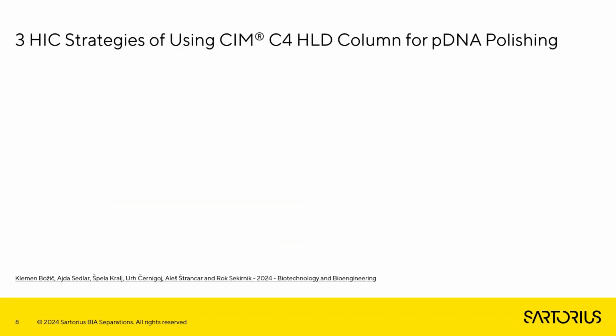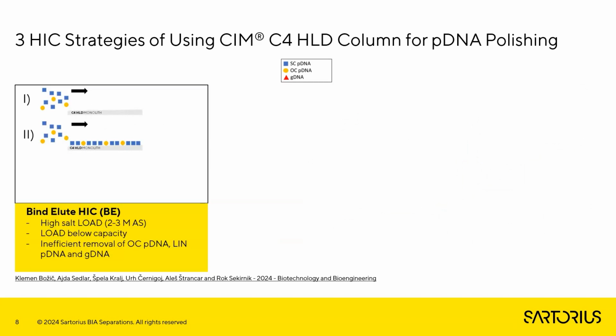There are at least three approaches or strategies of using the C4 HLD column for polishing of plasmid. The classic one, already described before, is bind-dilute. We load everything in high salt, impurities and target molecule, and then we can partially separate our target molecule from impurities by applying a lower concentration of ammonium sulfate, in either linear or step elution.